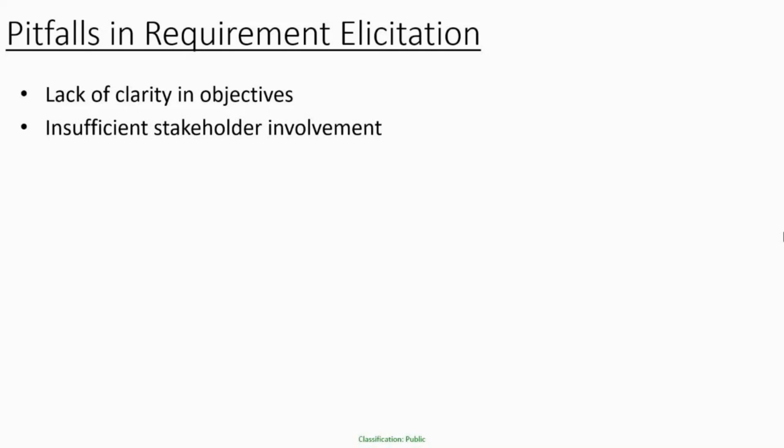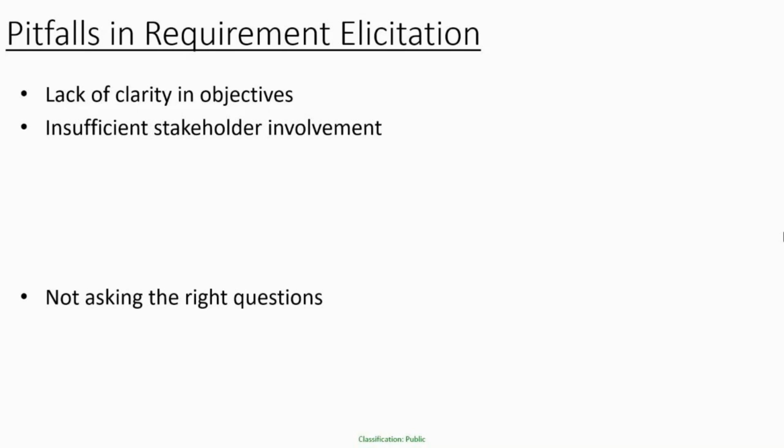Or if that also doesn't work, maybe you will drop in a mail with the specific points that you're looking for from them and get that input from them. Maybe next day or the day after, something like this. So things can be worked out, but it requires you to be proactive and take that step of ensuring that you have enough stakeholder involvement.